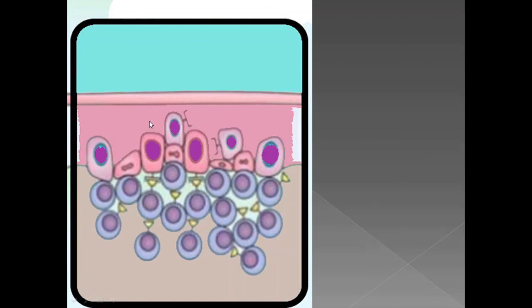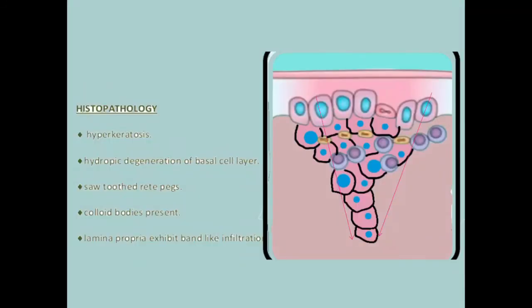The overlying cells, the spinous layer and all the layers, when the basal cell is destroyed, will drop into the underlying connective tissue. Once the basal cell is gone, the continuity of the epithelium is compromised, and all the overlying cells will drop into the underlying connective tissue, hence giving a sawtooth appearance of rete apex.